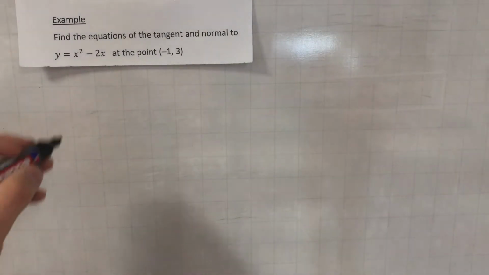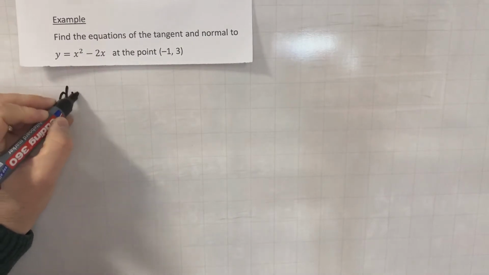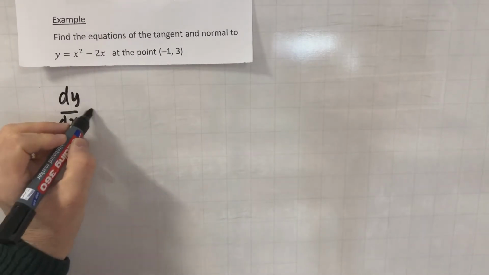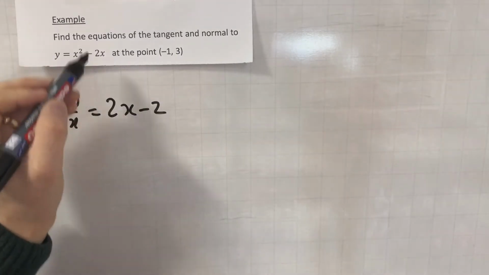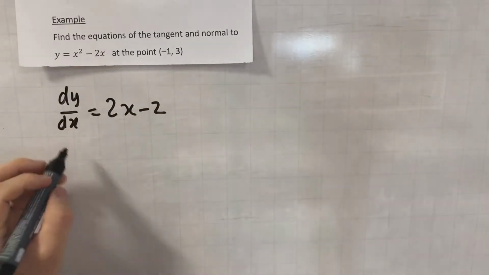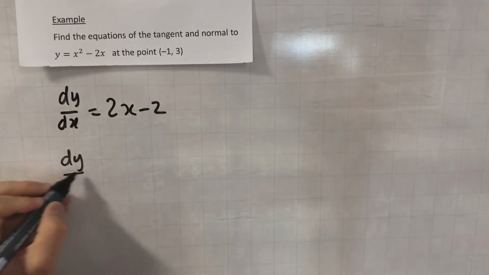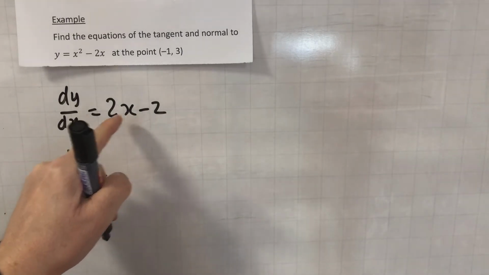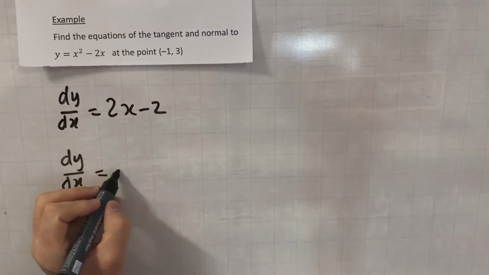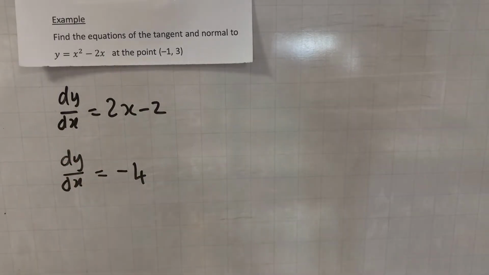So to work out the tangent, as before, we work out the gradient first of all, which will be 2x take 2. At x = -1, the gradient will be, put -1 in there, 2 times -1 is -2, take 2, the gradient will be -4.